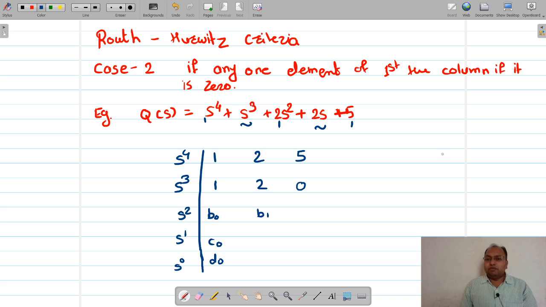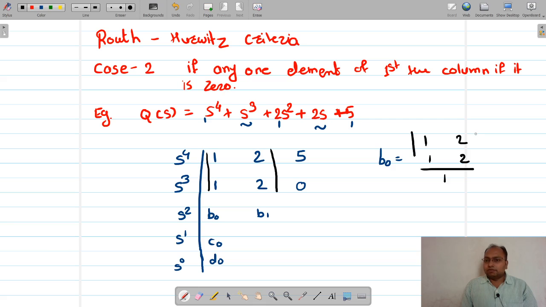Let us first find b0. To calculate b0, we consider these 4 elements: 1, 2, 1, 2, divided by 1.